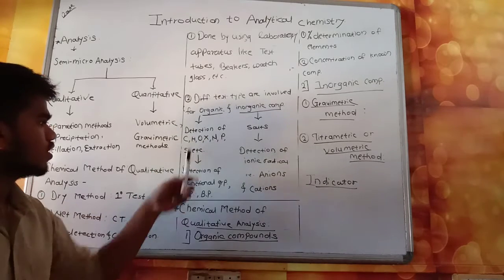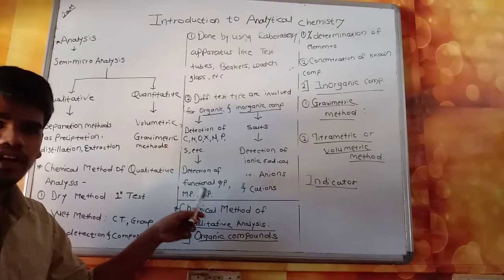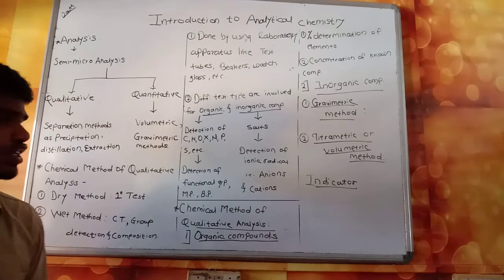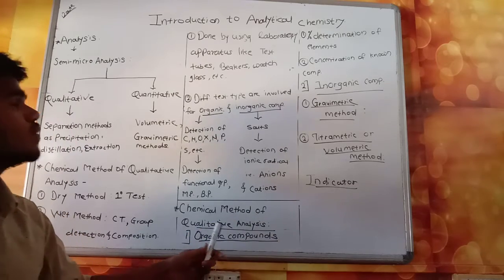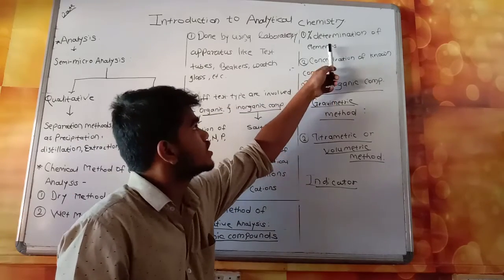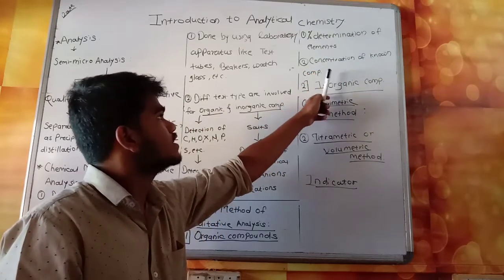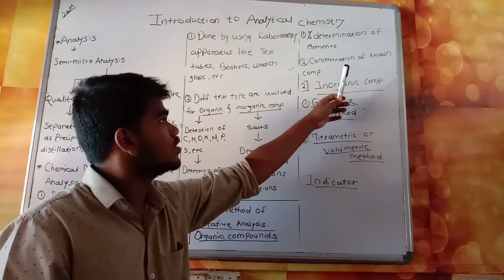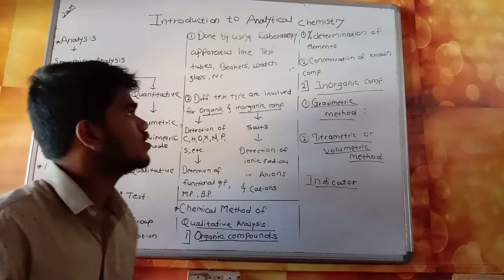In the case of organic compounds, the detection of functional groups and the melting or boiling point is also determined. And now the chemical methods of quantitative analysis for organic compounds: there are two methods, determination of element in percentage and determination of concentration of a known compound.